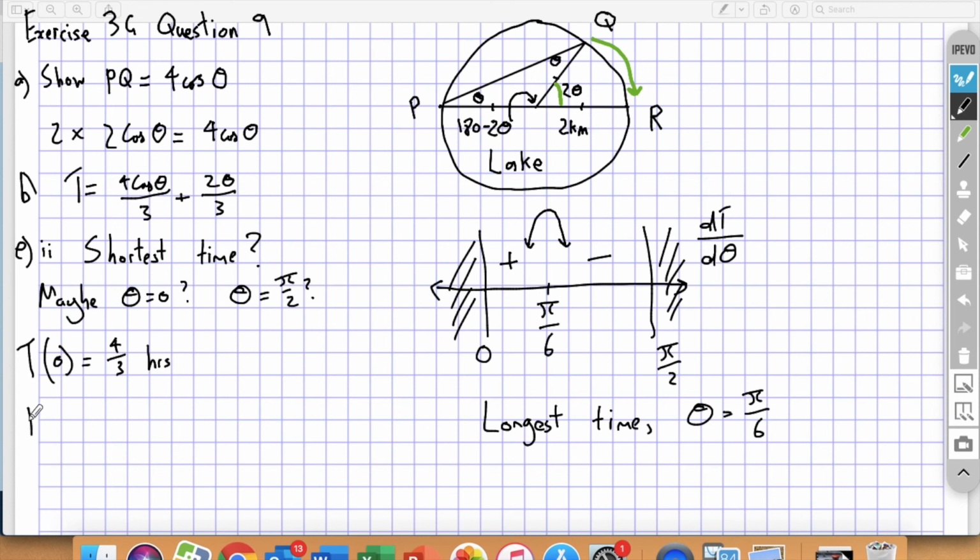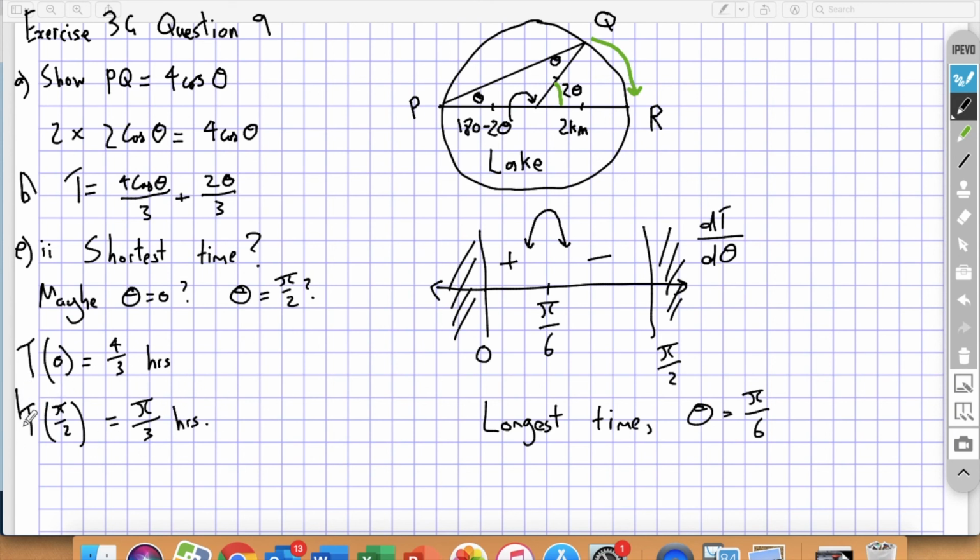But what about if the angle was pi on 2? What would we have then? Right. Well then, this all becomes 0, and we'd have 2 times pi on 2, which is just pi, divided by 3 hours. Right? Now, by the way, that's the answer.